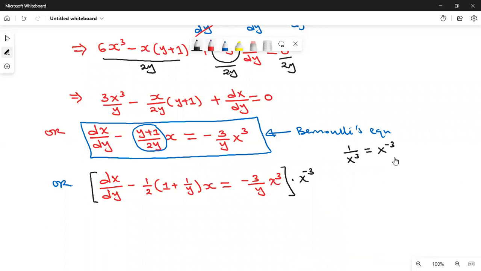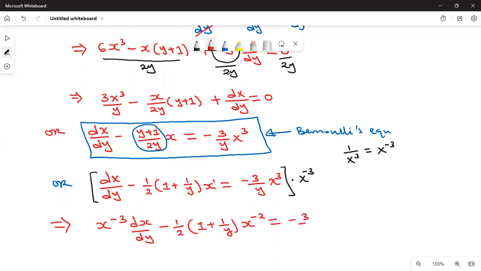So when you multiply through by x raised to negative 3, we get x raised to negative 3 times dx over dy, then minus 1 over 2 into 1 plus 1 over y times x raised to negative 2. Of course, there's another x here raised to 1. So by laws of indices, that will be negative 2, is equal to negative 3 over y.